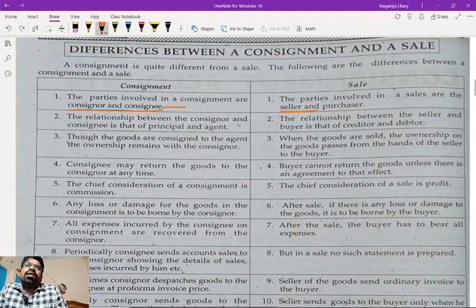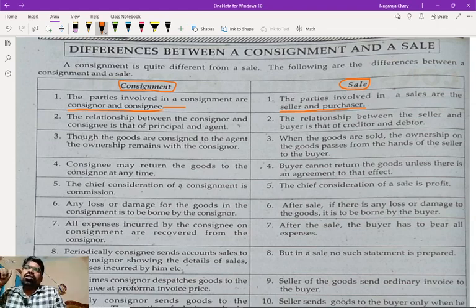Under the selling process there are two parties, seller and purchaser. Under the consignment process there are two parties, one is consignor, another is consignee, right? So in both conditions we have two parties.